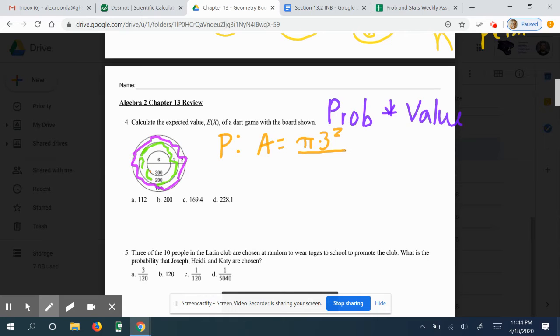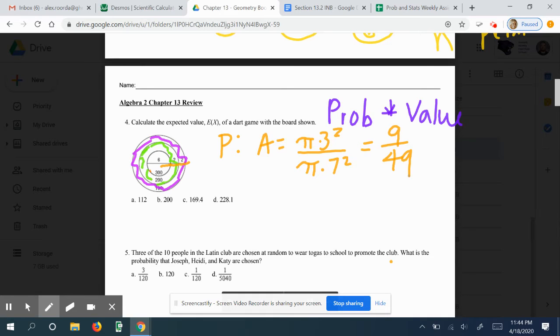So the area of the whole square is going to be, well, if this is 3, 4, 5, 6, 7, divided by pi times 7 squared. Doing a little bit of math, you see that the pi's cancel out, and so 3 squared is 9 over 49. So the probability would be 9 out of 49.